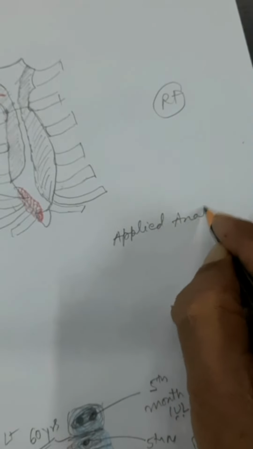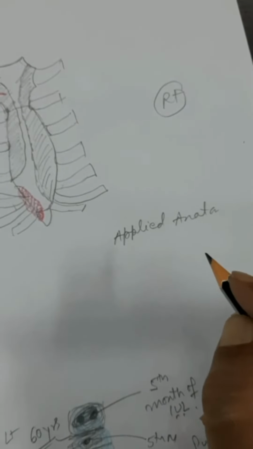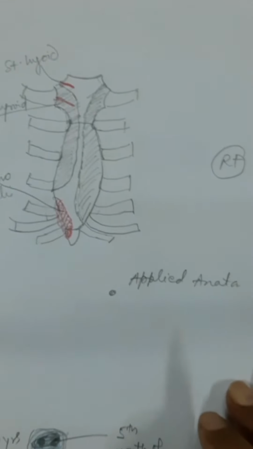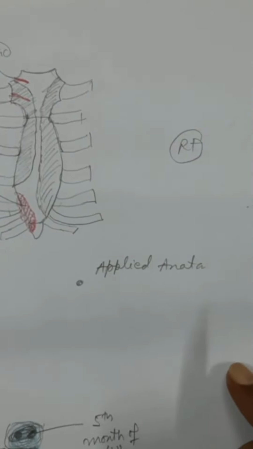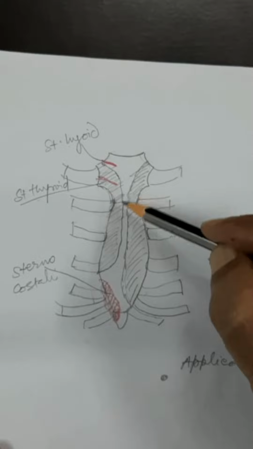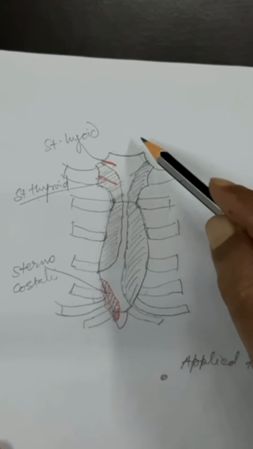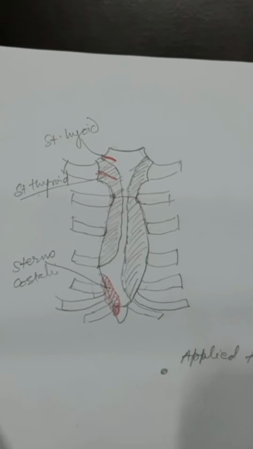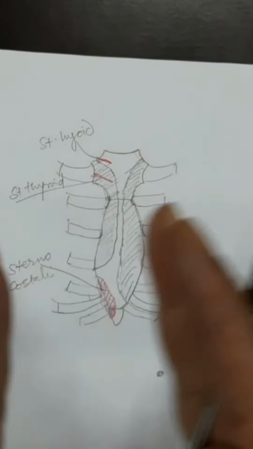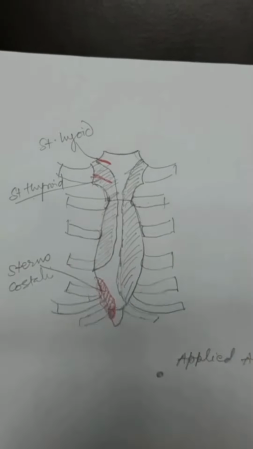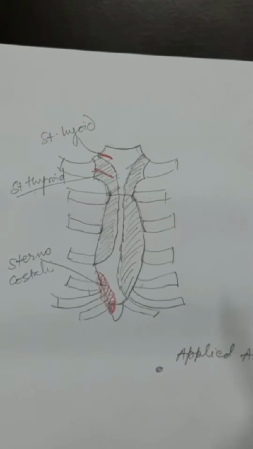In applied anatomy, during most surgeries of the thoracic cavity, the thoracic cavity is opened by giving a vertical incision in the midline, so that you separate the sternum, that is the body of the sternum, manubrium and xiphoid, into 2 pieces, and then you can stretch it towards the lateral side so a wide gap is open.